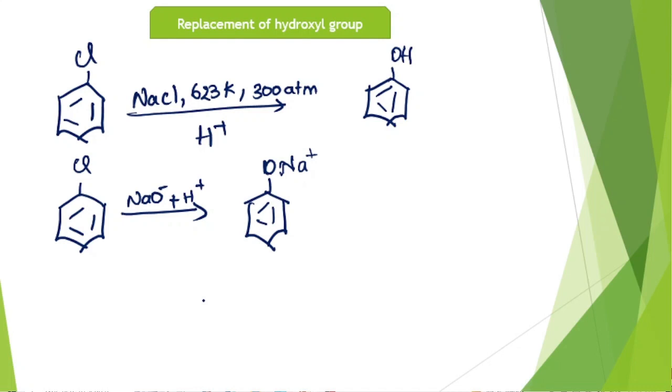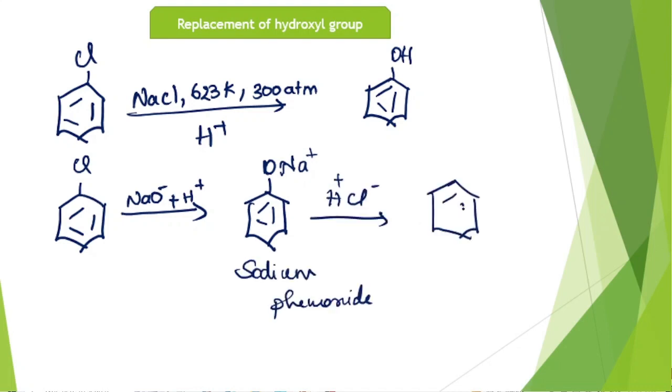And in the presence of again HCl, H plus and Cl minus, it's going to be splitting into, you will get benzene ring with OH attached with the liberation of NaCl. Okay, so O is negative, so H will be getting attached to O, and in NaCl, Na is positive and Cl is negative, so NaCl is coming out.